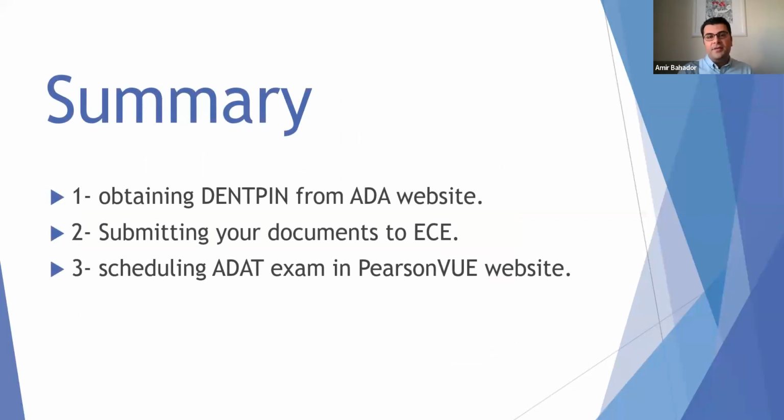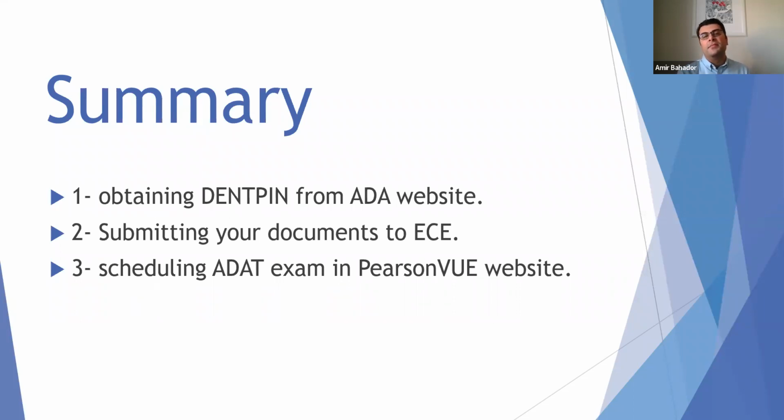I want to go again through the application process for non-accredited dental school students or dentists to make it more obvious for you. As I told you, the first step would be obtaining a DENTPIN from the ADA website.